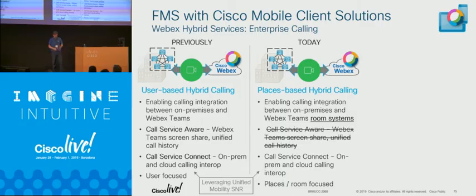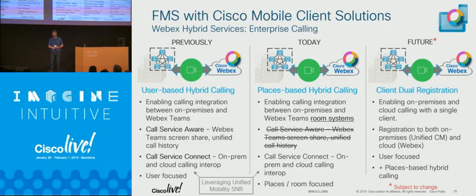But the point here is that we're de-emphasizing user-based calling integrations with hybrid calling and instead looking into the future to do client dual registration. In this particular case, rather than having a WebEx Teams user call through the enterprise using hybrid calling, we could have that WebEx Teams user's client actually register to Communication Manager for IP calling, similar to Jabber.